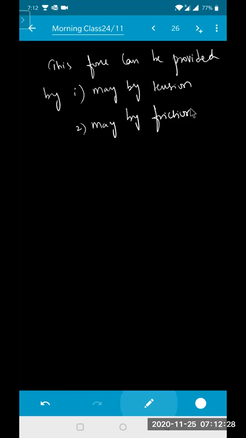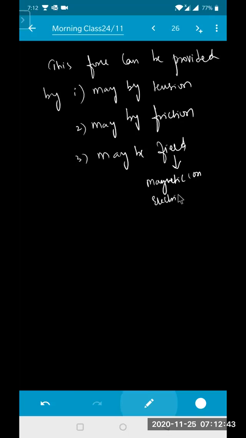Friction may also provide you centripetal force, and maybe a field. A field can be magnetic, or it can be electric. So it can be because of the magnetic field, or it can be due to your electric field.